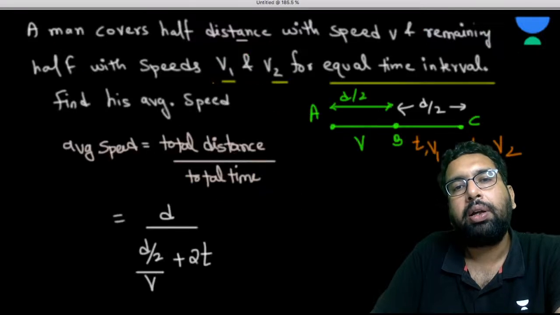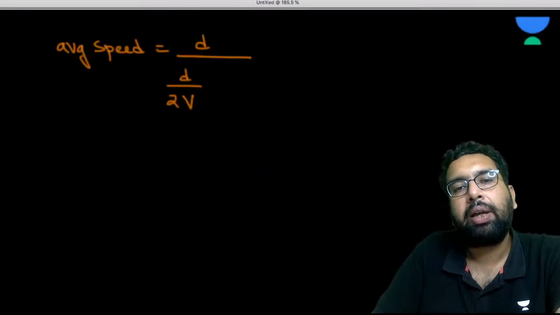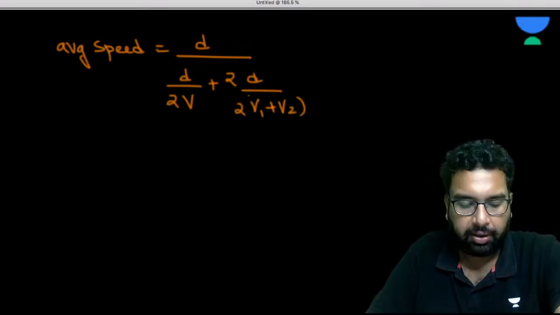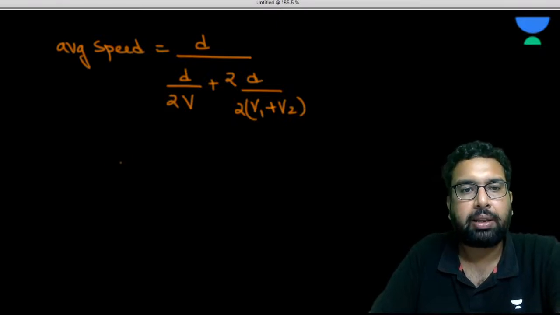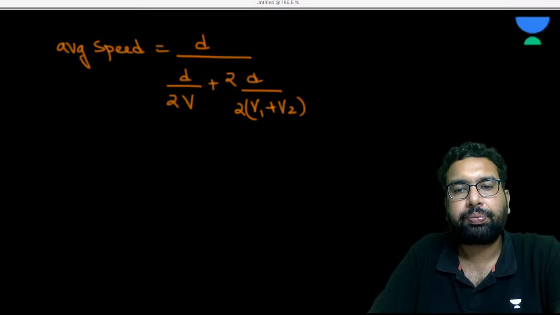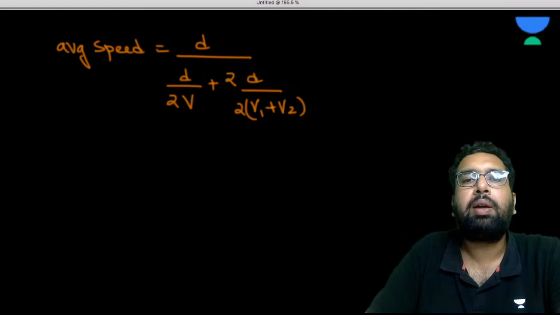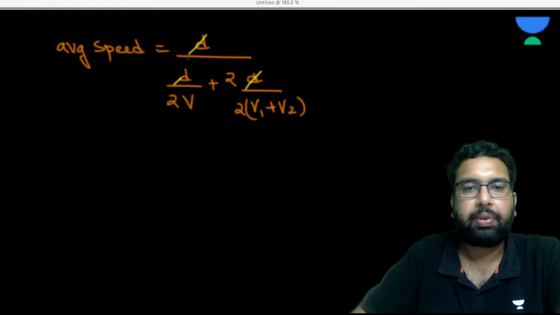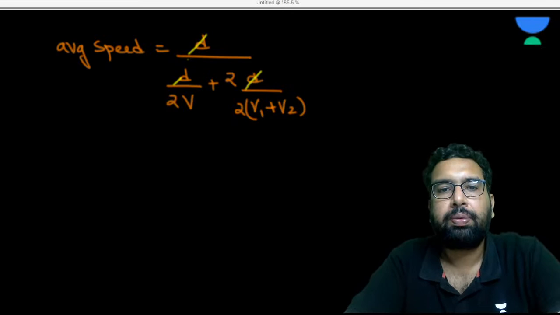When we put the t value here, it is going to be d upon 2t, and t is d upon 2(v1 plus v2). Is it fine or not? Now the d cancels out and we'll get our answer, isn't it? What is so difficult here? Simple, na? Yes or no?